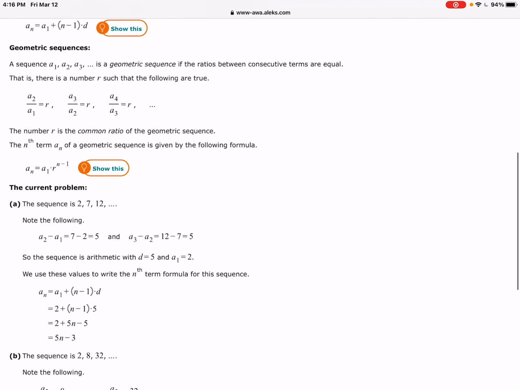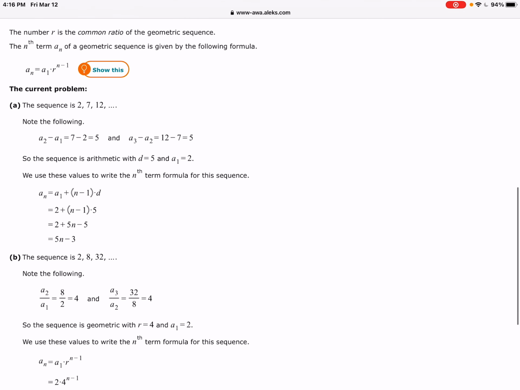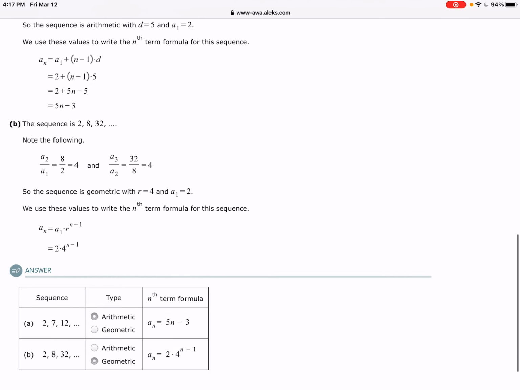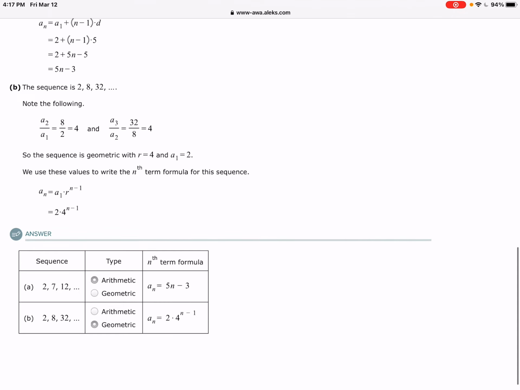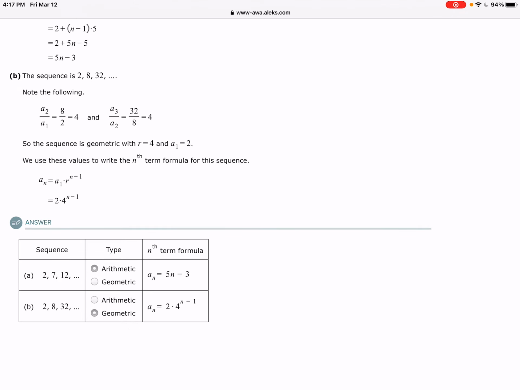And they did solve that to a nice 5n minus 3. I don't know that they would require that, but they did simplify it like that a little bit. And then there's the geometric formula as well.